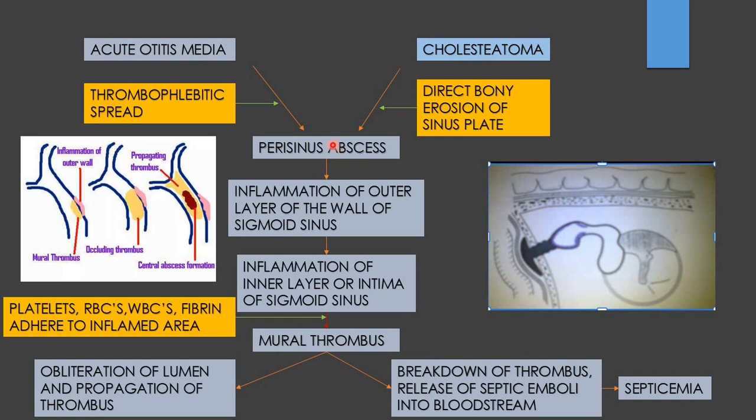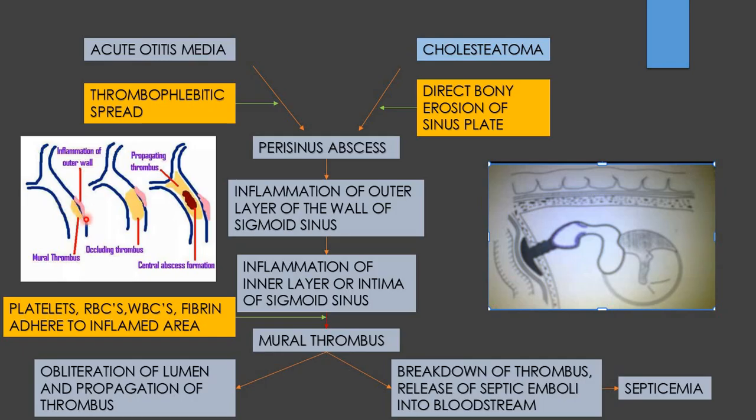This abscess can occur either because of direct bony erosion of the sinus plate or because of thrombophlebitic spread. Once the perisinus abscess has collected, it starts irritating the outer layer of the sigmoid sinus.